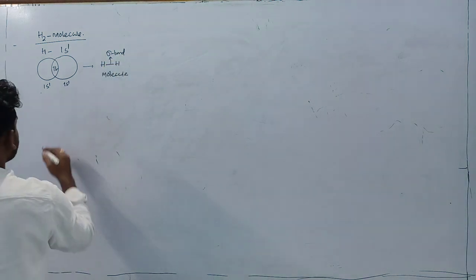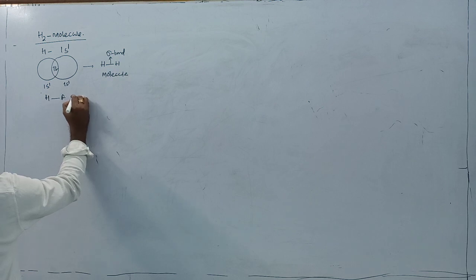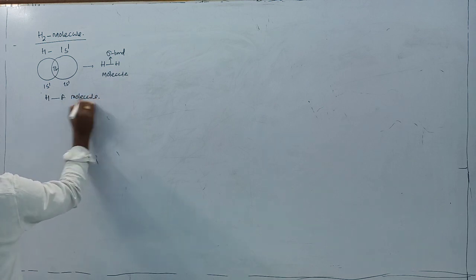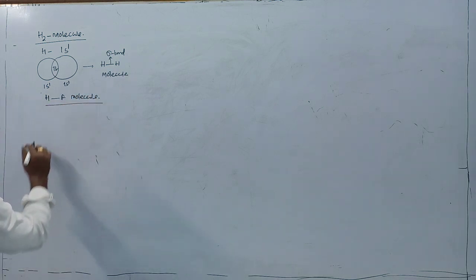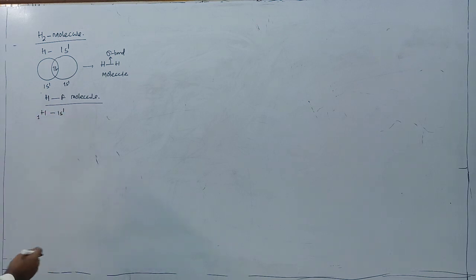Clear? Next, if I represent the HF molecule, hydrogen fluoride molecule, how is it formed? Hydrogen has configuration 1s1, a half-filled 1s orbital.